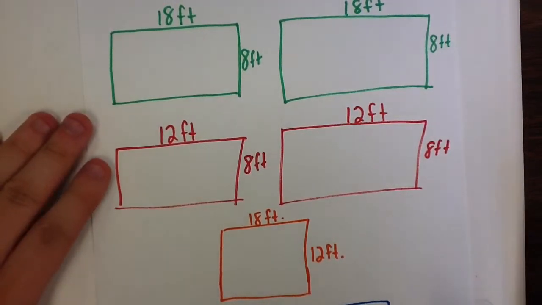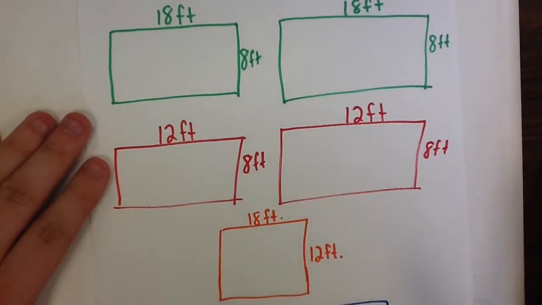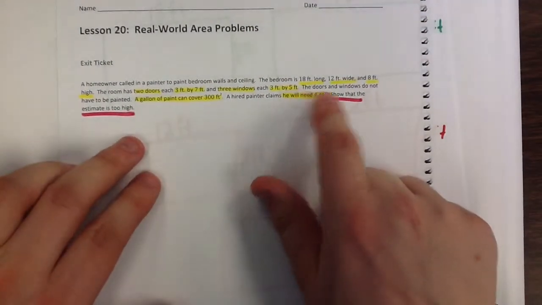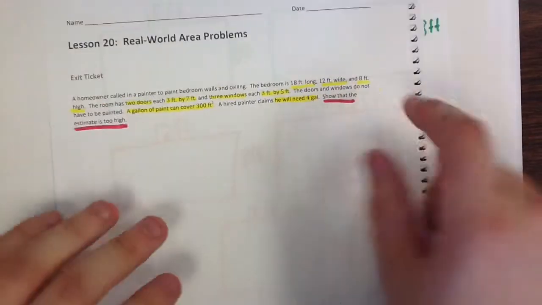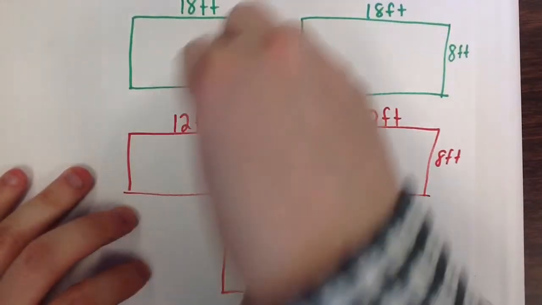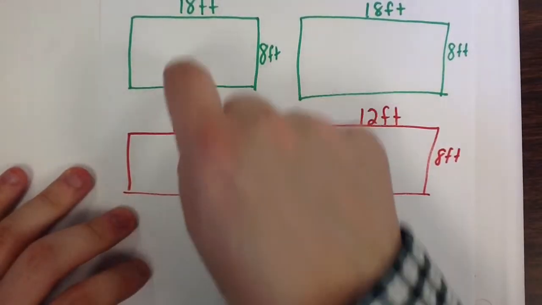There's one problem: there are 3 windows and 2 doors, and the problem says they do not have to be painted. So we have to subtract the area of the windows and doors off of these walls.